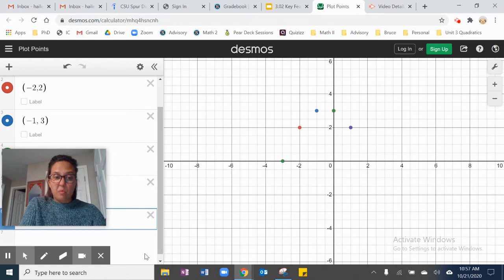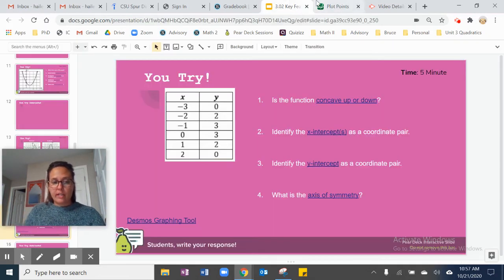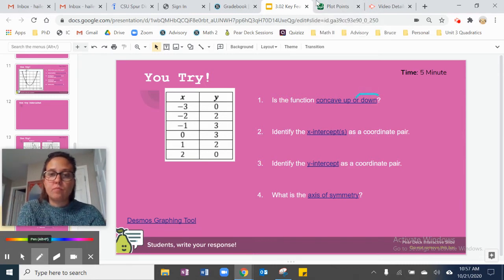Right? And we could probably stop here because we can see that the shape is a parabola. So in any case, we know that it's concave down.